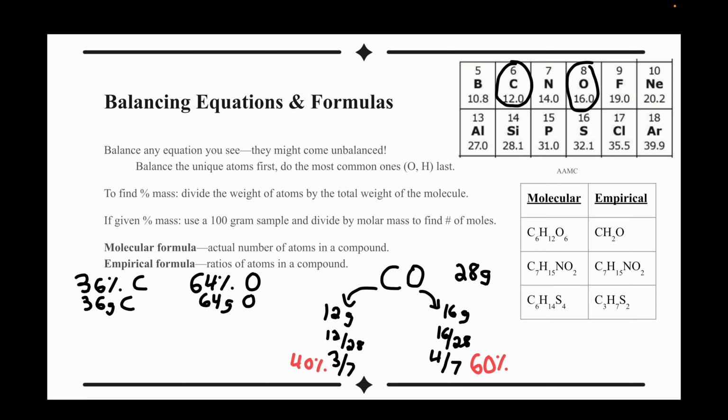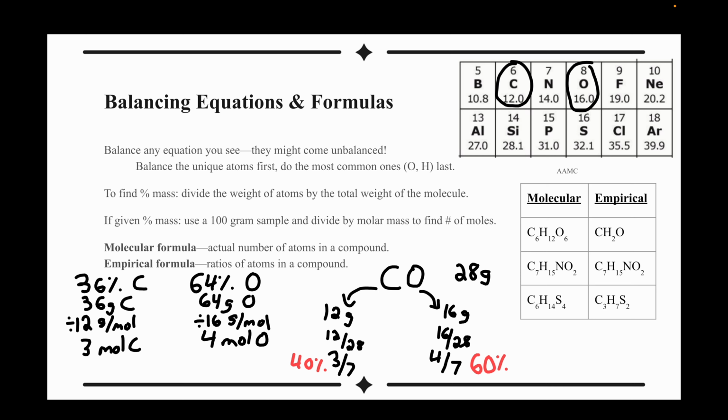Now we just use those same molecular weights we had before, and we can convert 36 grams of carbon if we divide by 12 grams per mole of carbon. We get 3 moles of carbon. Doing the same on the right and dividing by 16 grams per mole for oxygen, we get 4 moles of oxygen.